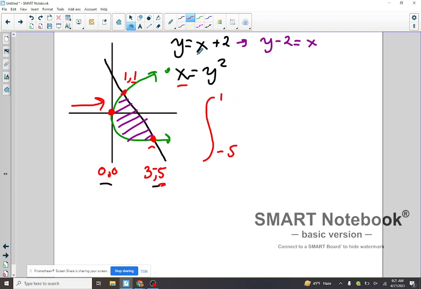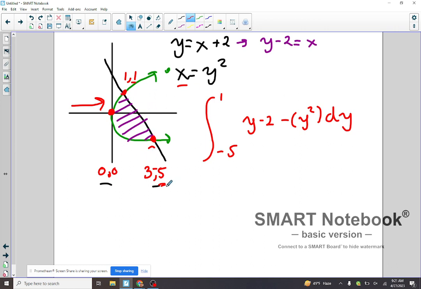The top one, which is this purple one, y minus 2, subtracted by y squared, dy. It's 2 in the equation. So we change it. I can't in my head make up one that will make it all nice.